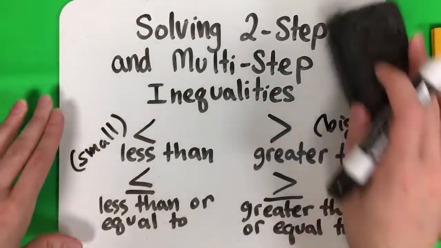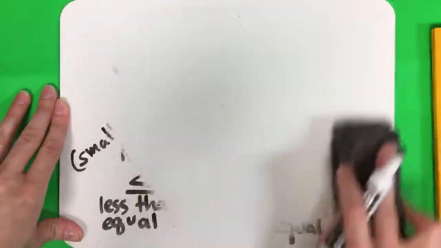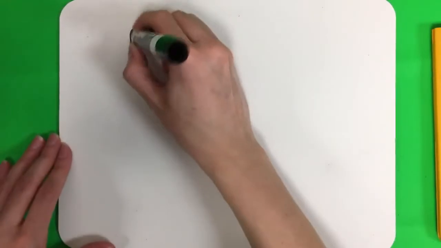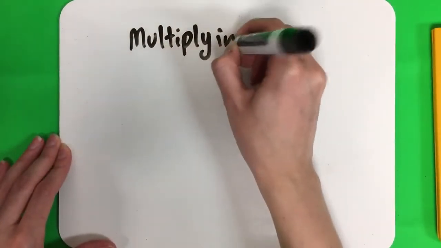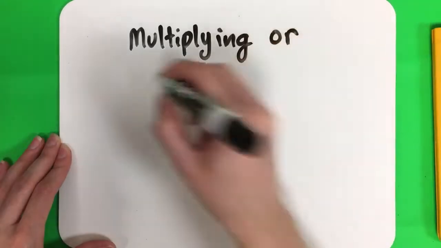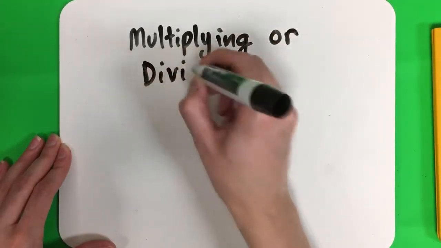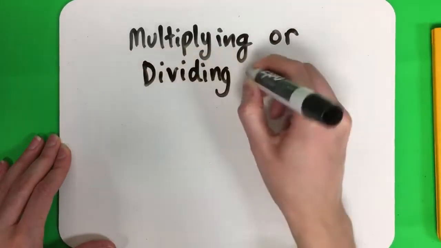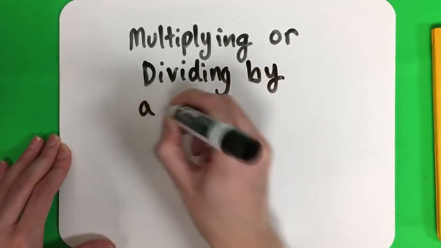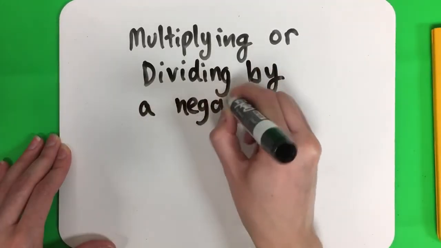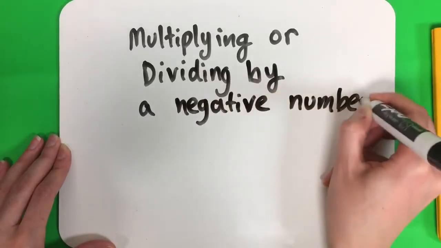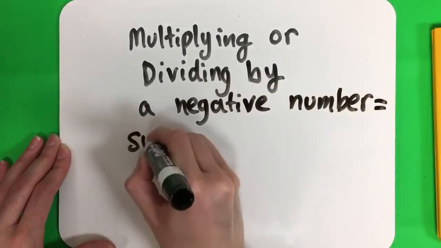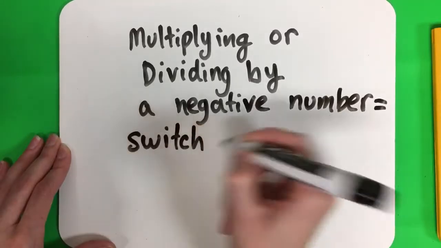Now there is one rule that you need to remember. When you are multiplying or dividing by a negative number, you need to switch or change the sign.